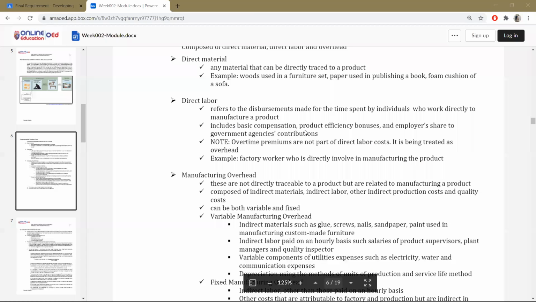Includes basic compensation, product efficiency bonuses, and employers' share to government agencies' contributions. There's a note here: overtime premiums are not part of direct labor cost. It is being treated as overhead. So if there is overtime, it is not part of direct labor. It's part of overhead.